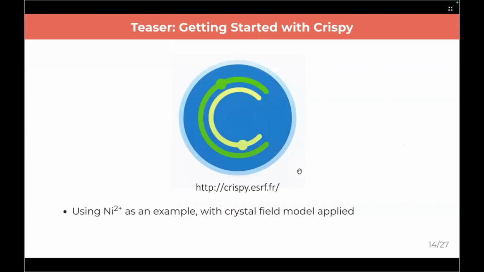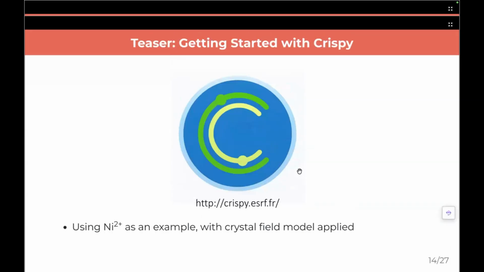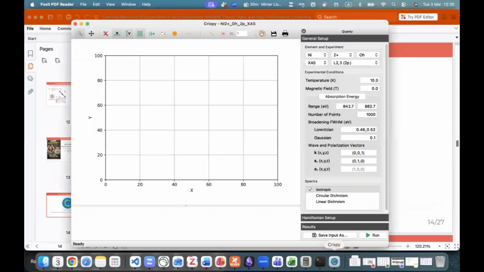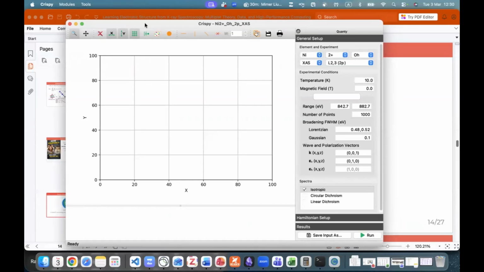Now I will give a very simple example using the so-called Crispy code. This is a graphical interface designed for the code Quanty. Later I will also give the reference to the Quanty website.